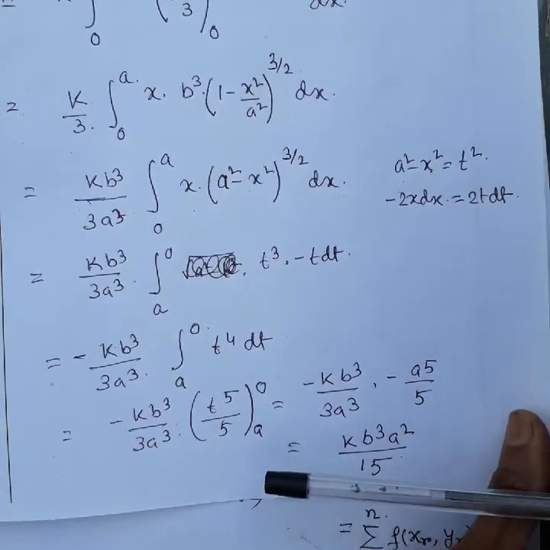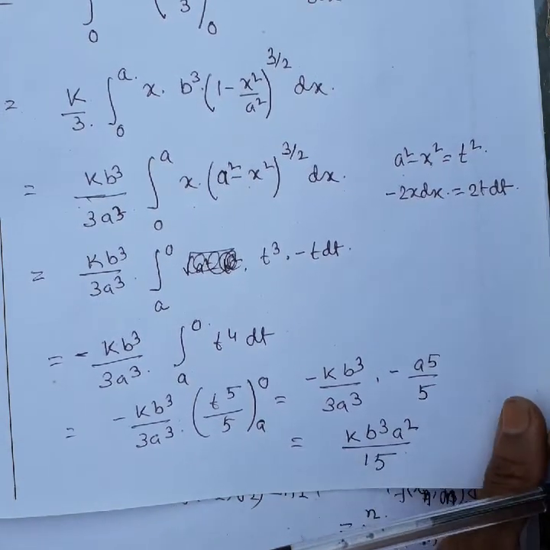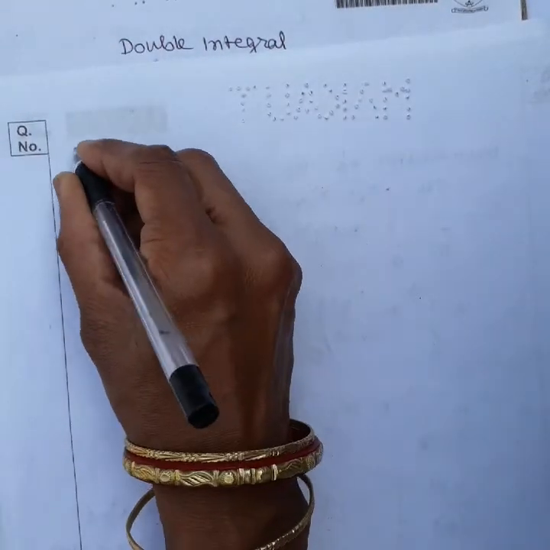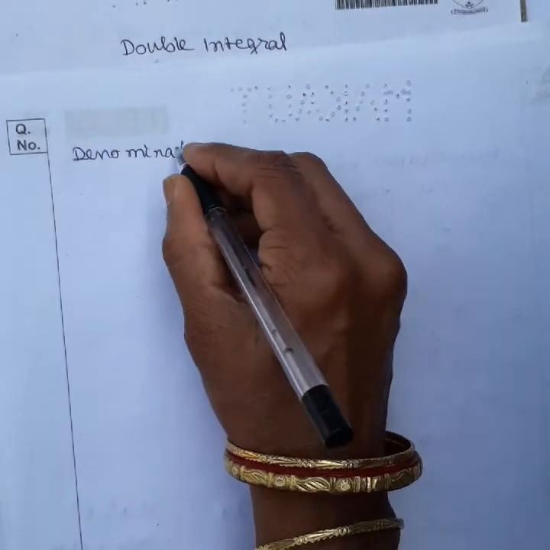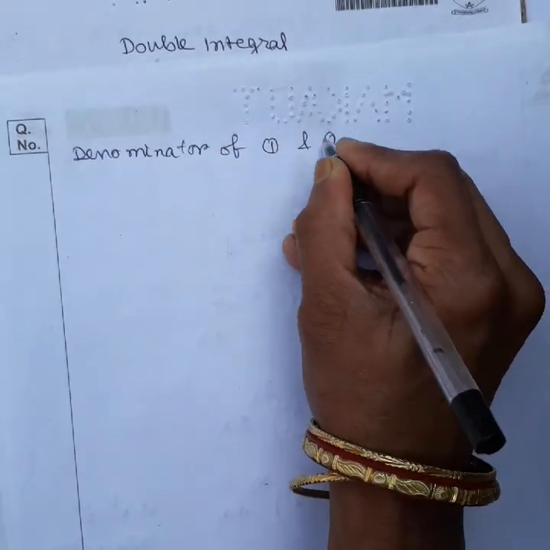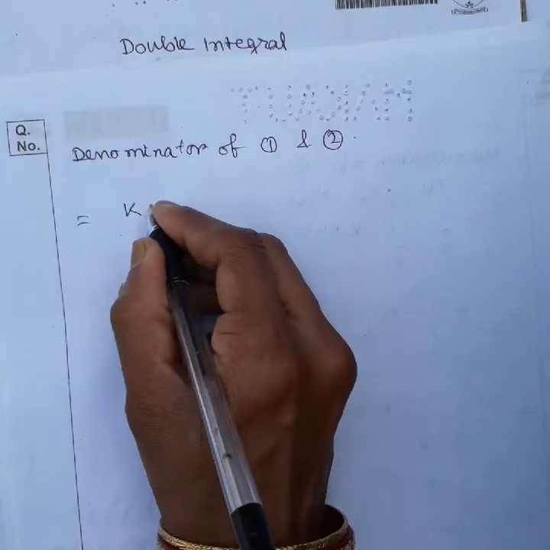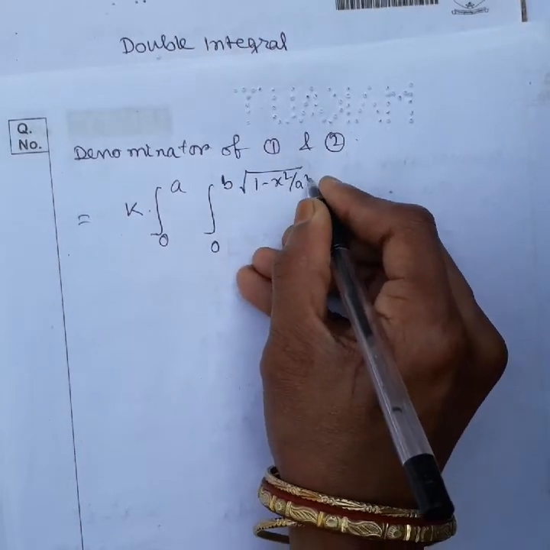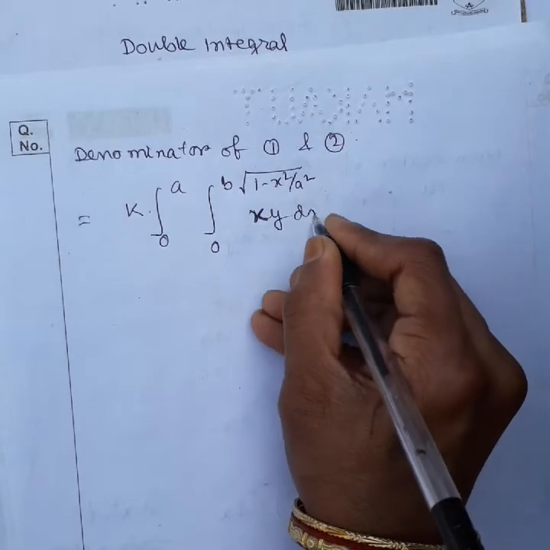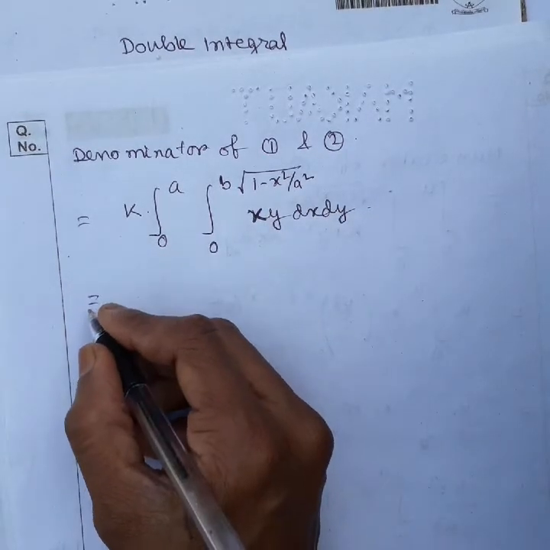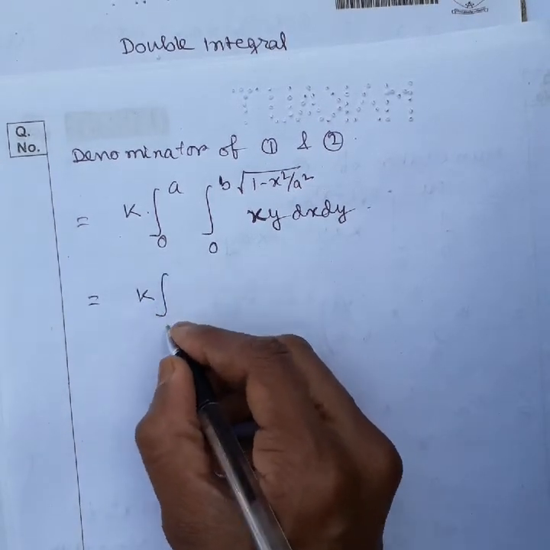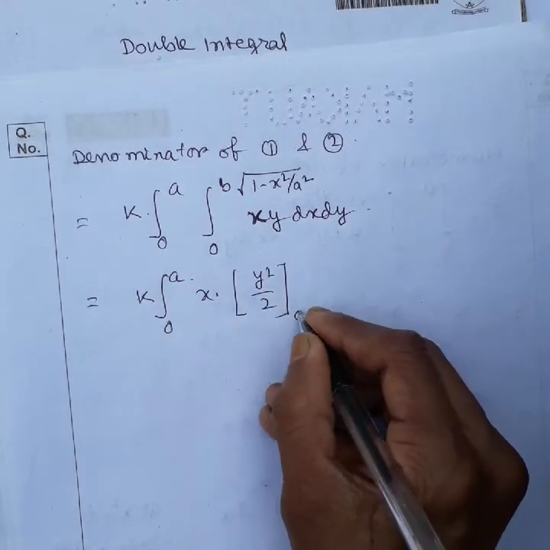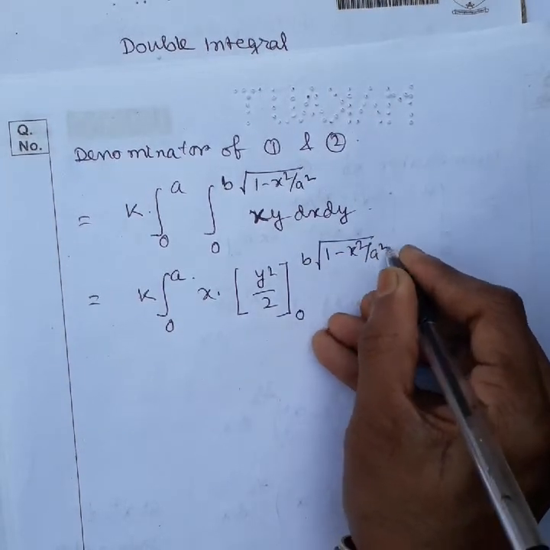Okay, so and the denominator of 1 and 2, which is equals to k into integration of 0 to a, 0 to b, into root over of 1 minus x square by a square, xy dx dy, that is equals to k into integration of 0 to a x into integration of y is y square by 2, 0 to b into root over of 1 minus x square by a square.